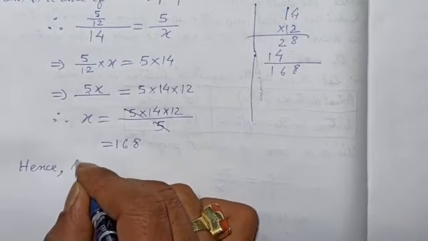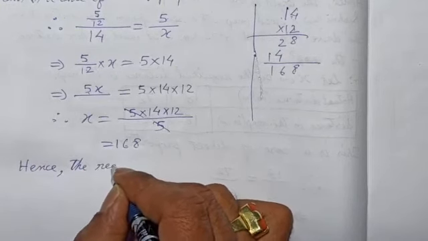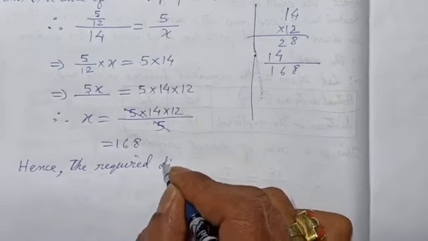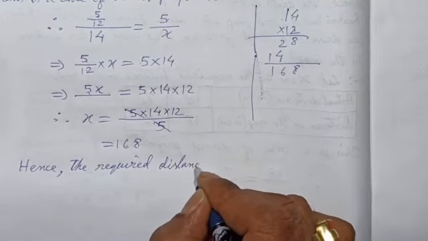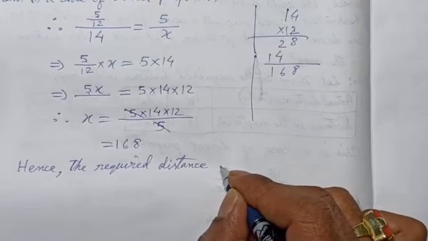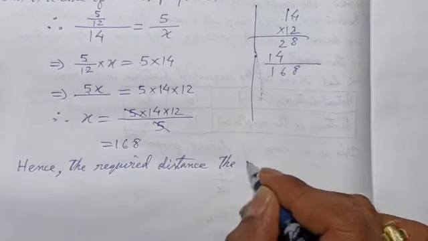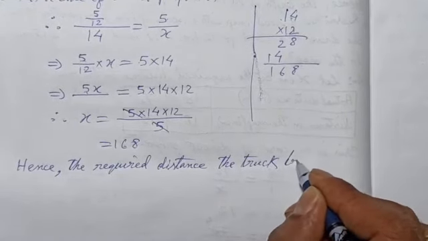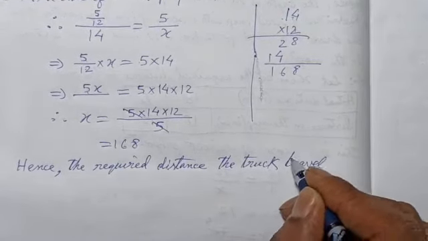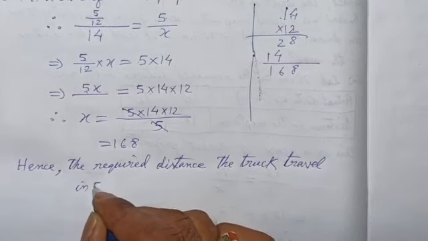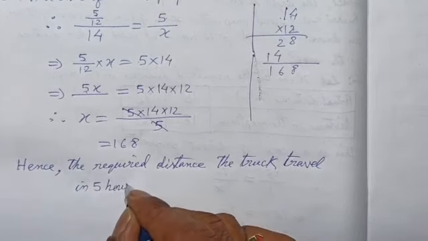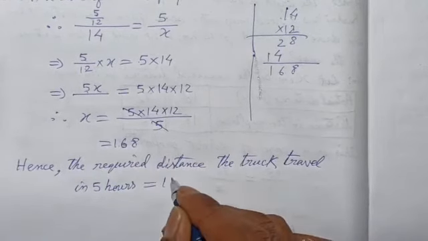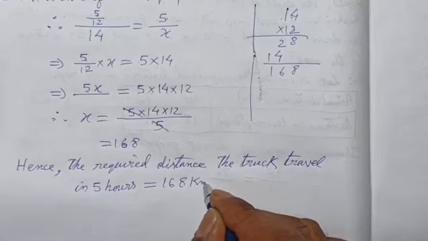Hence, the required distance the truck travels in 5 hours is equal to 168, and this is in kilometer, and this is the answer.